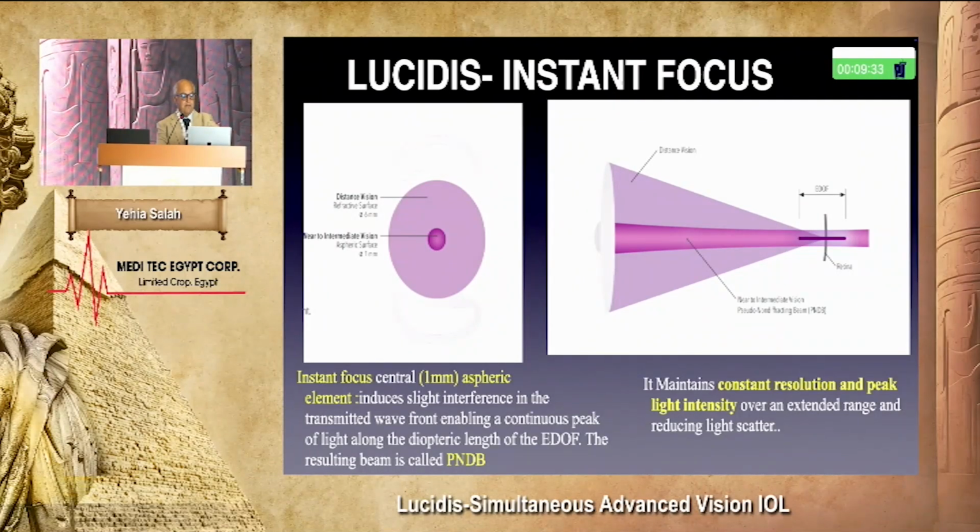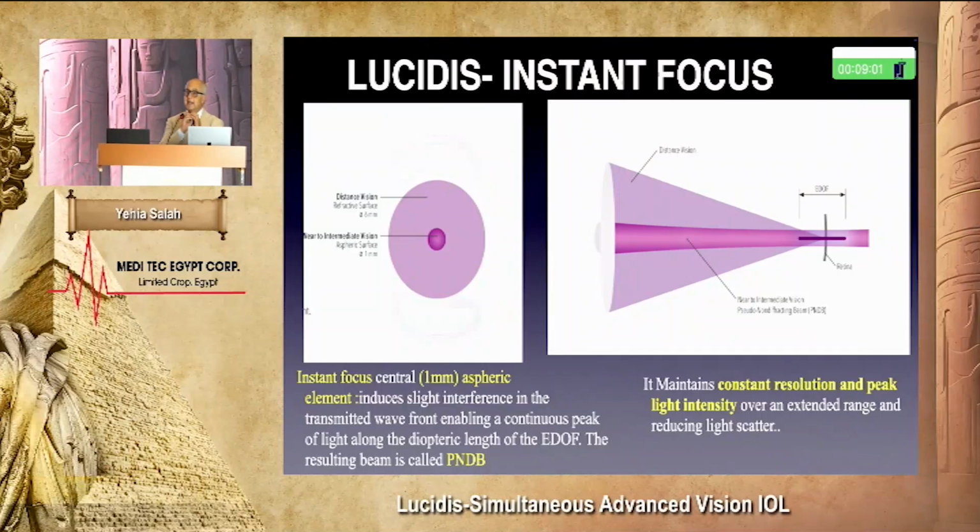So the main focus about the Lucidis: what is different? The difference is the technology, which is called instant focus. There is a 6 millimeter optic, mainly refractive, and there is 1 millimeter only in the center, which is aspheric, that works to propagate the wavefront of the light incident on the lens.